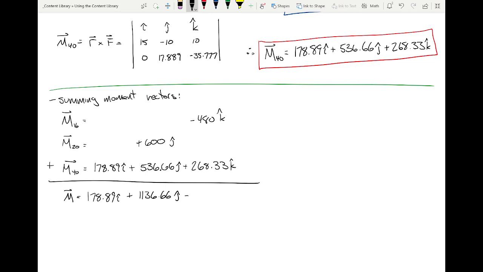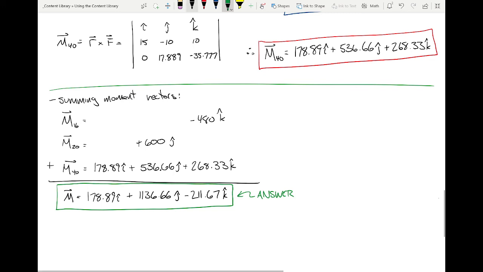Negative 211.67. So we took all those 6 forces and replaced them with a single vector.